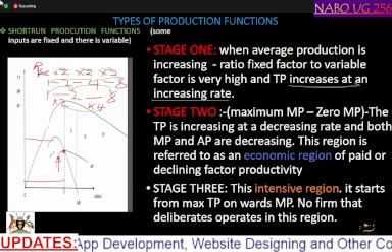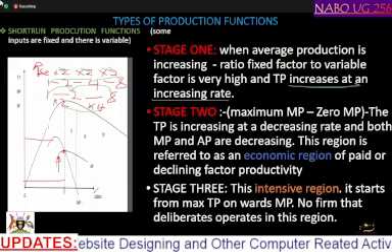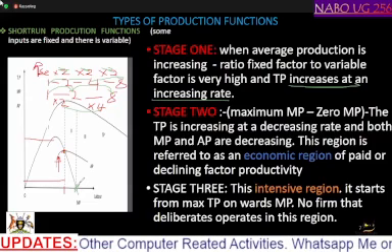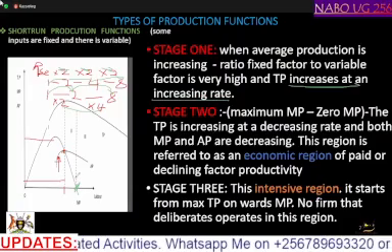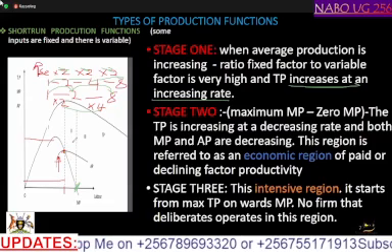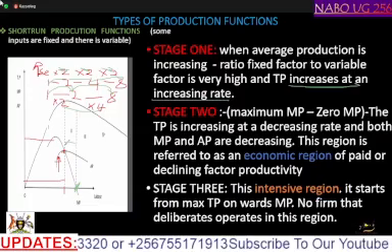Stage 2 begins from where these two curves meet, average product and marginal product, at a point where marginal product is 0. This one is referred to as an economic region, because any farm that is producing should always operate within this region for maximization of profit.